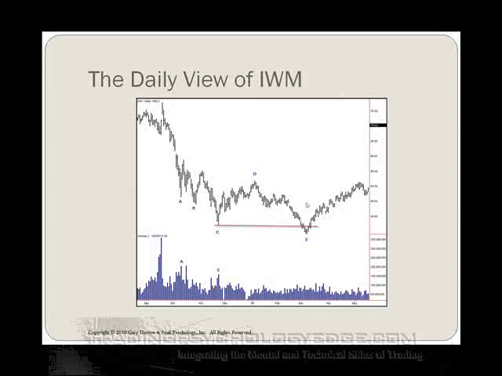Look at this. This is the same chart broken down into a daily view. Now, I'm going to show you some ways to enter into a spring in a downtrend. First of all, we get some buying coming in at A, and more buying coming in at B. That's the first thing to note.